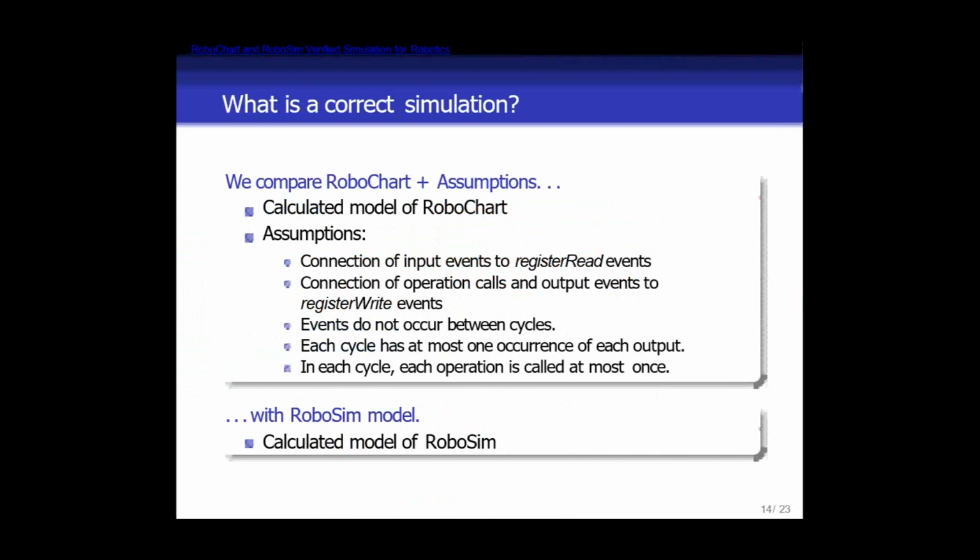We make assumptions about the environment it will work in, about the connection of input events to register read events, about the connection of operation calls and output events to the register write events, about events not occurring between cycles, about cycles having at most one occurrence of each output, and in each cycle, each operation being called at most once. And so we make that connection.